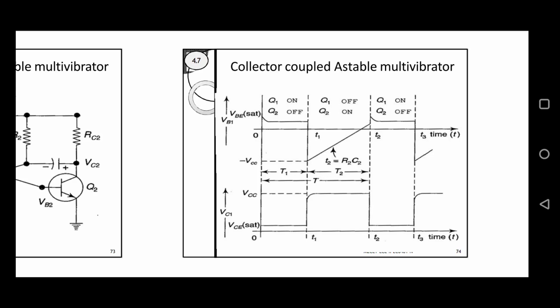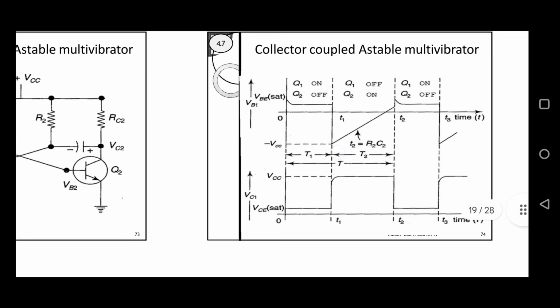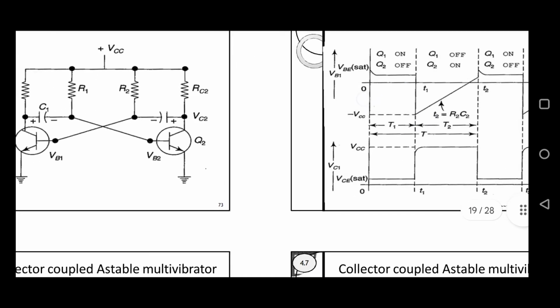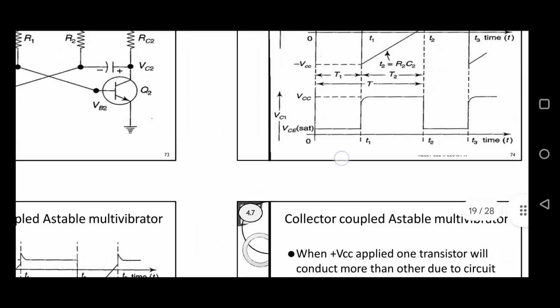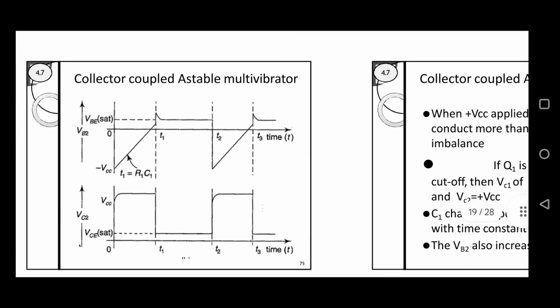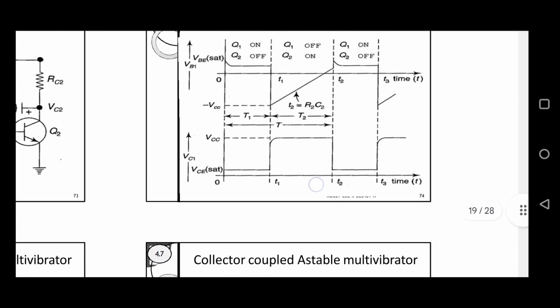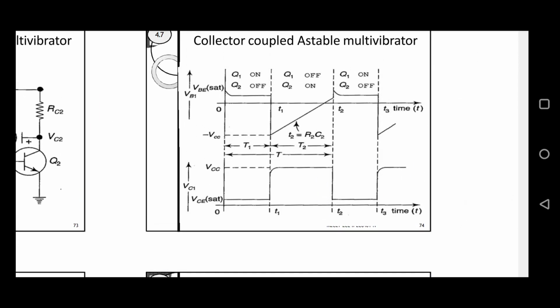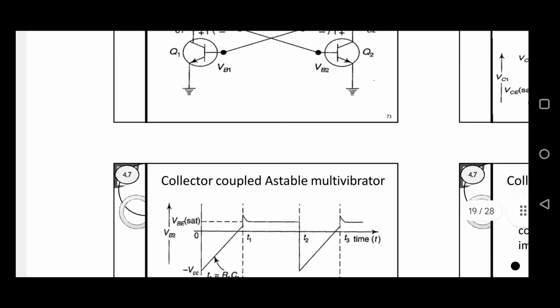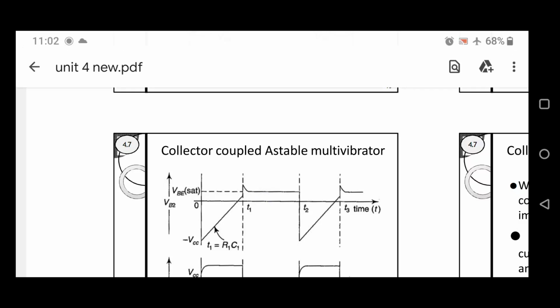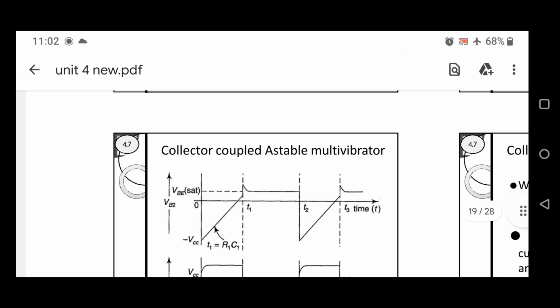As I told before, if Q1 is on and Q2 is off, you can see this VB2 reaches the cut-in voltage, and when it does, Q2 is on and Q1 is off.